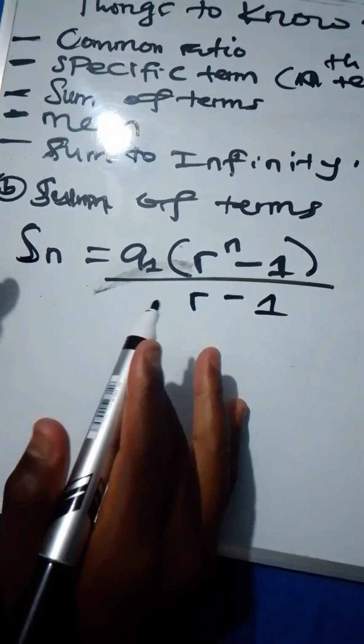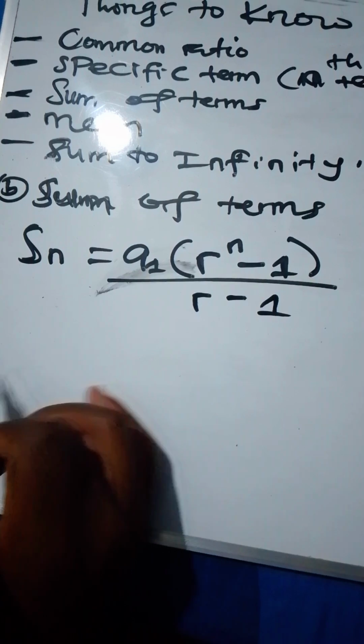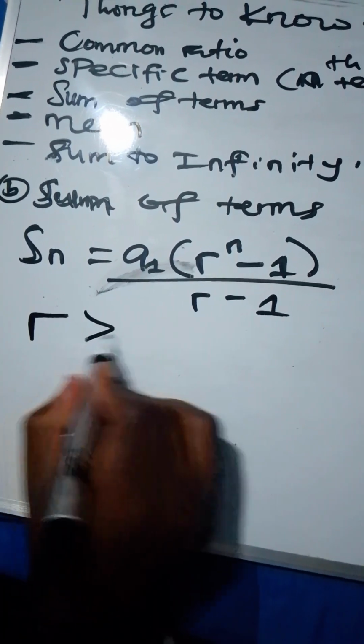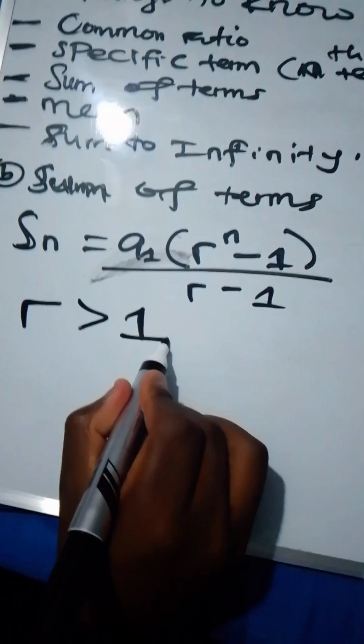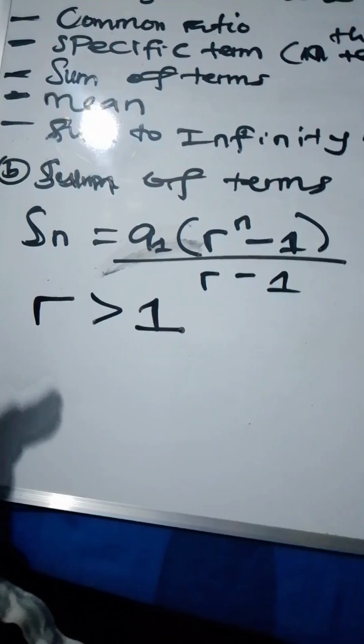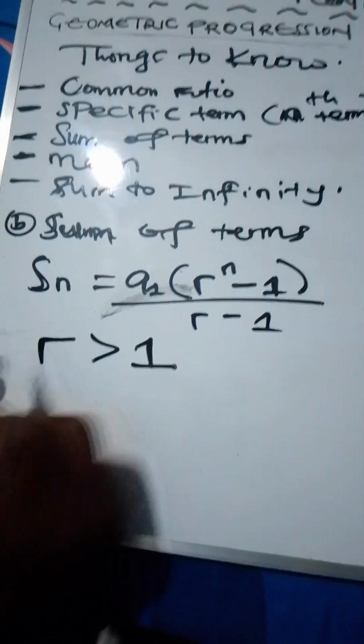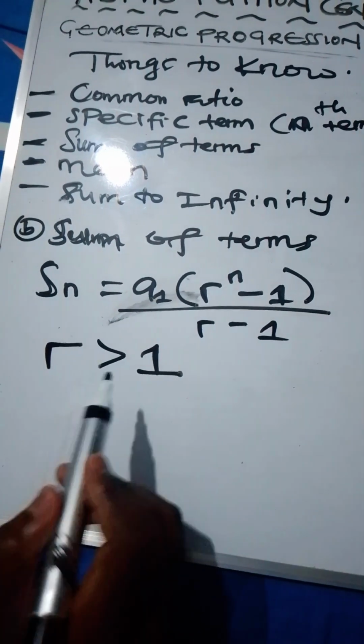This is the formula that you're going to use to find the sum of the terms if the common ratio is greater than 1.